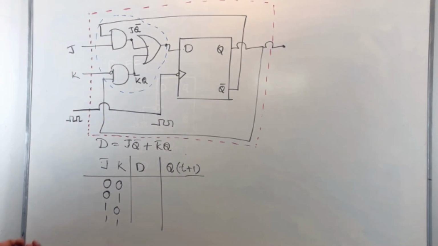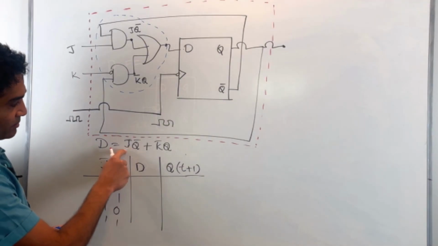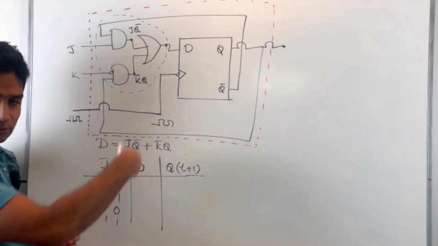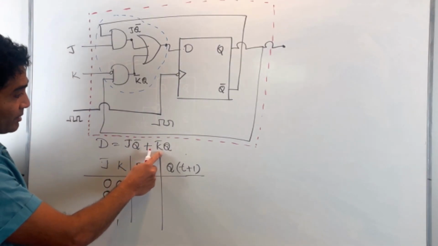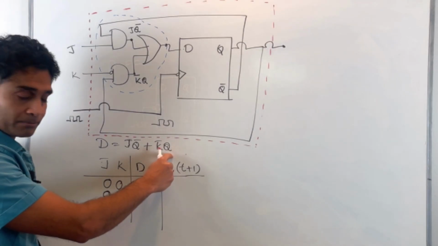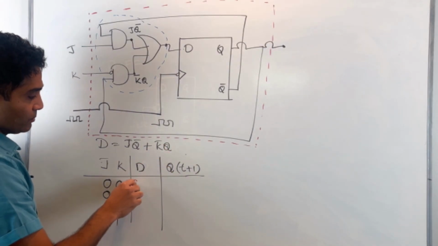You just plug in the values. With J is 0, that means 0 times Q prime, that goes to 0. K is 0, K prime is 1, and that leaves me behind with Q(t), right? That's Q(t).